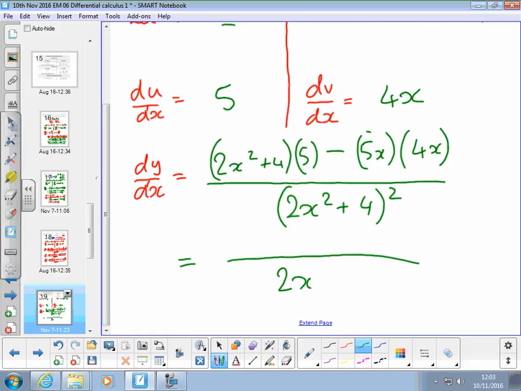Underneath, keep 2x squared plus 4, all squared. Top line becomes 10x squared plus 20 minus 20x squared.